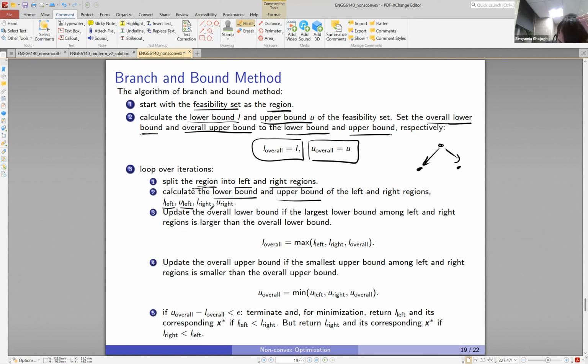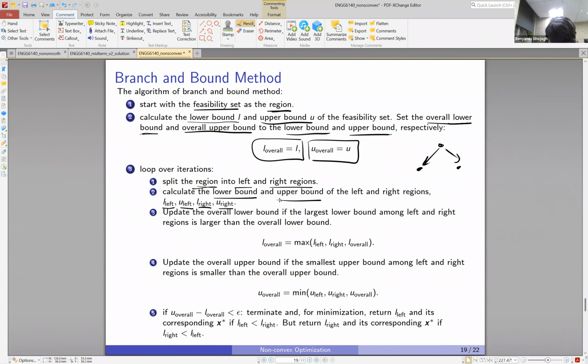Also, for the right region, we denote them by L right and U right for lower bound and upper bound, respectively. So we have these 4 scalar values. Update the overall lower bound if the largest lower bound among the left and right regions is larger than the overall lower bound.